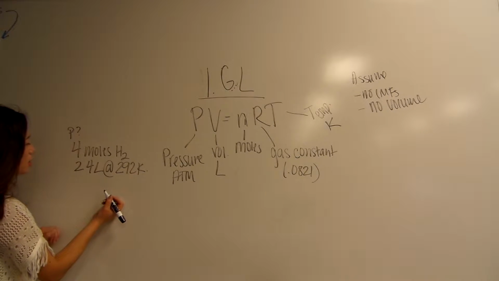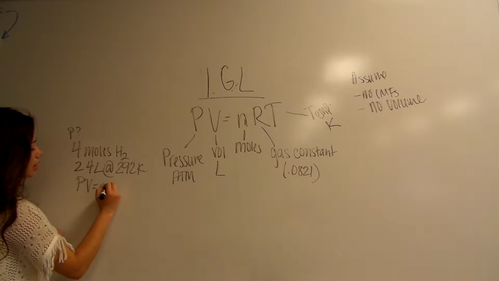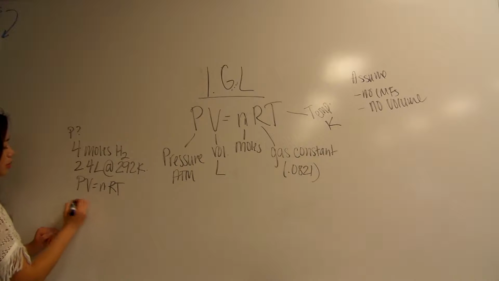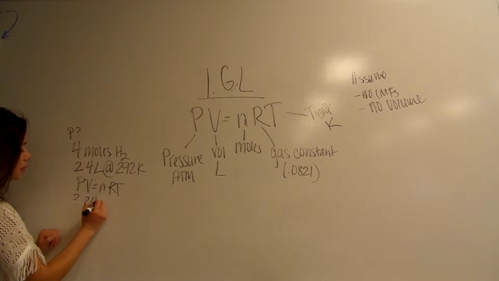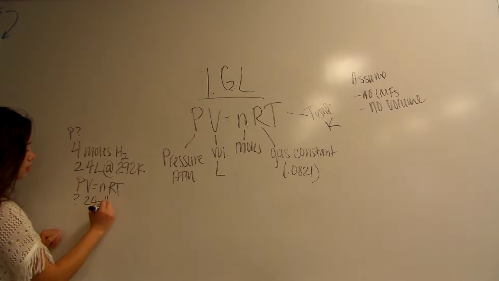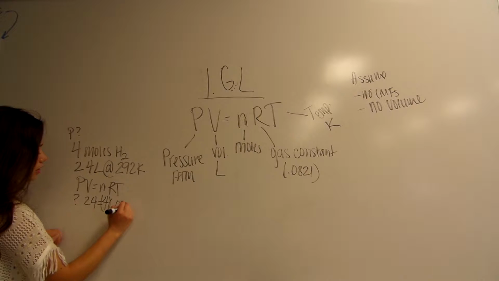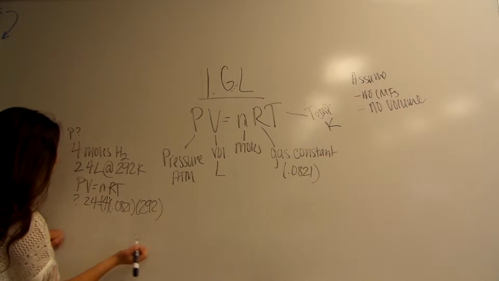If we plug that into the equation, then it would be PV equals nRT, with the pressure being unknown, the volume being 2.4, moles being 4, gas constant being 0.0821, and temperature being 292.